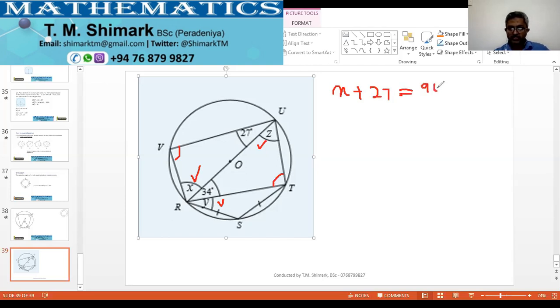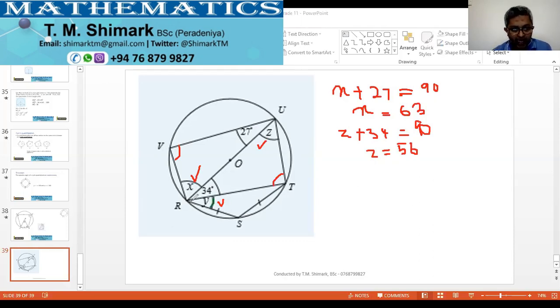So x equals to 90 minus 27, that is 63. X is 63. So z also like that, z plus 34 plus 90 equals 180. 90 goes to the other side, so z is 90 minus 34, that is 56. So x I got, z I got, and then you get the y.